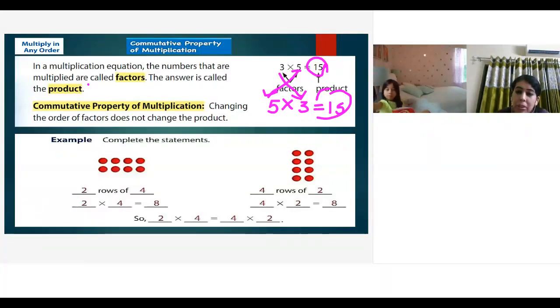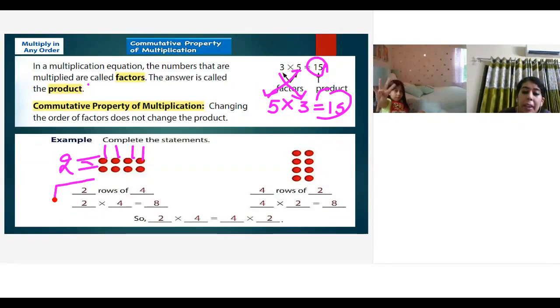Are you sure? Now I show you how this works. Can you see the counters written over there in the example? In the first one, how many rows are there? 2 rows. And how many columns are there? 4.